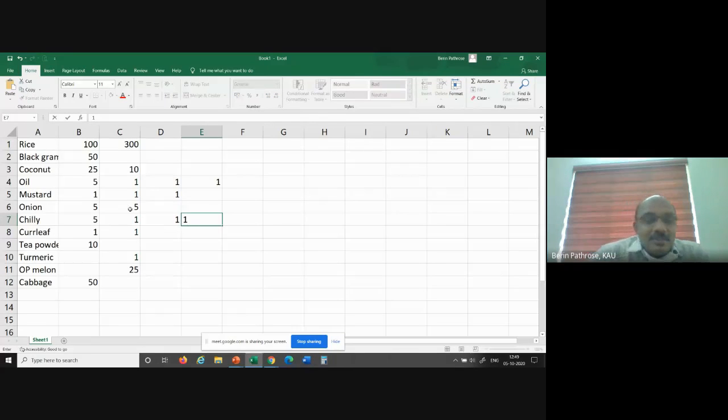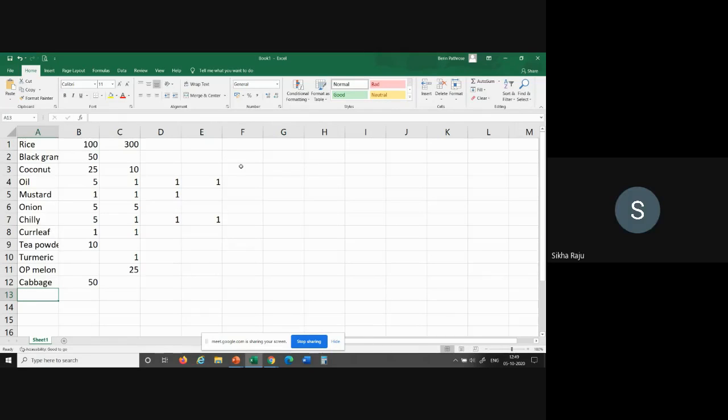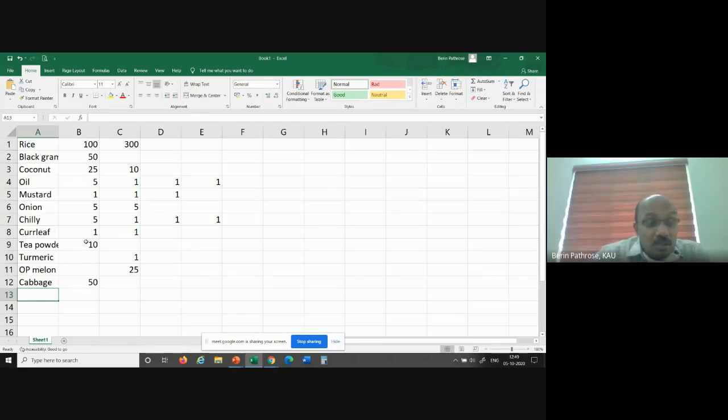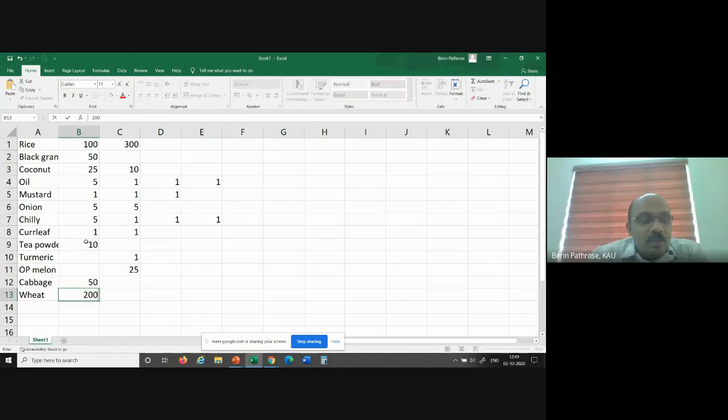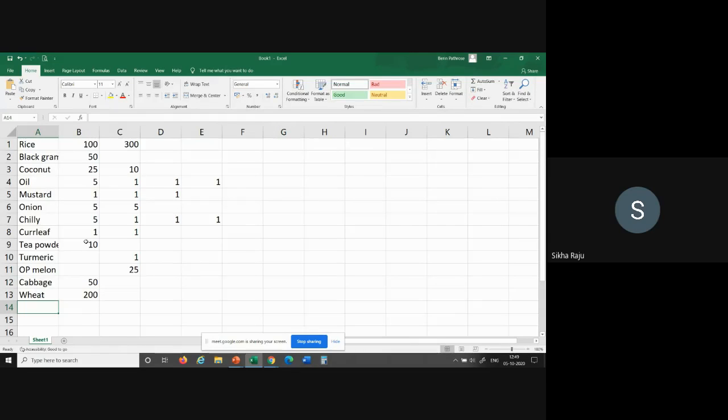So the night also, what have you taken? Quickly you can tell. I'll just calculate it. Chapati. So there will be wheat, about 200 gram or 250 gram. Okay, 200. Then what else? Chicken curry.